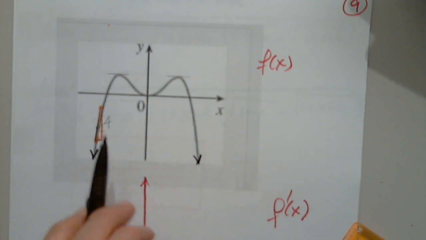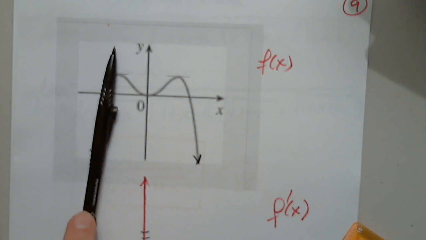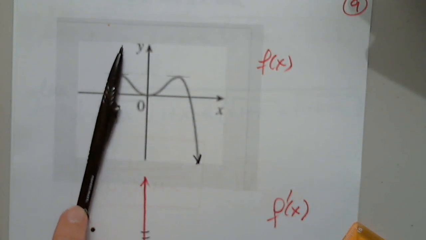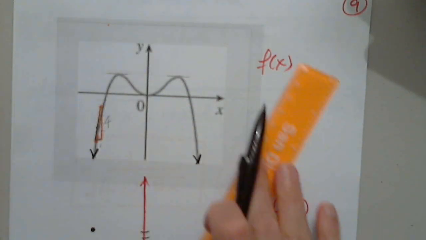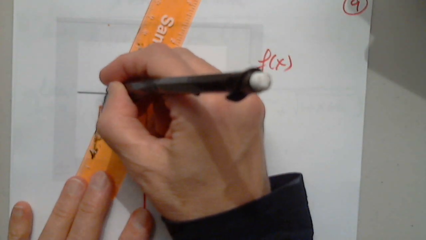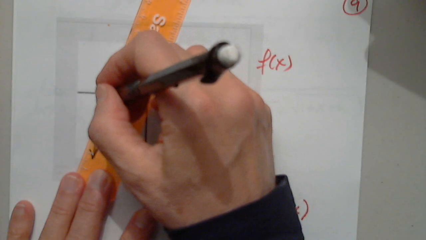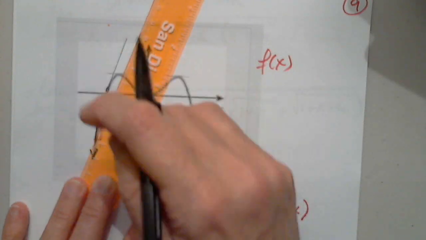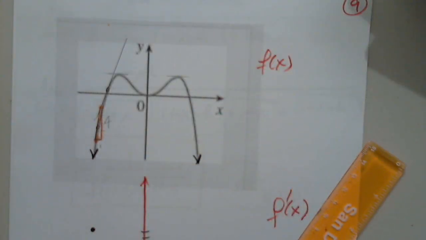Perfect. So see, this is large, but now I'm going to choose another point, a point here. I will draw the tangent line at that point. I will choose 2 points anywhere, it doesn't matter.